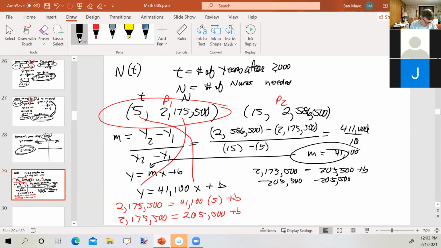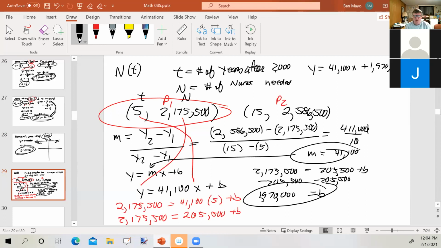Okay, so 2,175,500 minus 205,500, and I get 1,970,000 equals b. All right, so using y equals mx plus b, I'd have y equals 41,100x plus 1,970,000, but I'm actually supposed to be using T and N of T, so it would be N of T equals 41,100T plus 1,970,000.